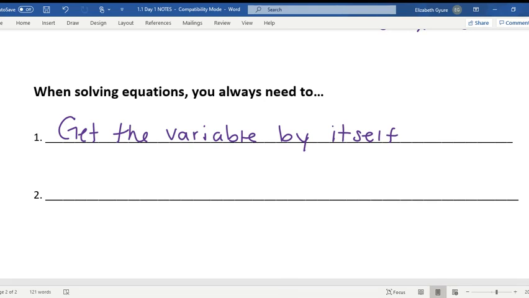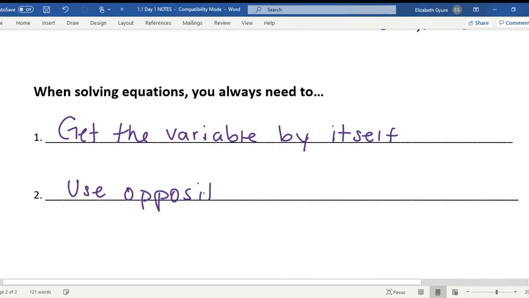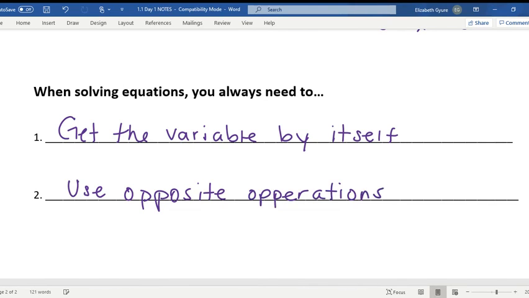What's the other thing we need to make sure we do? What do we want to use? Starts with an O. What kind of operations? The same ones? Opposite ones. Good. Use opposite operations. Excellent.